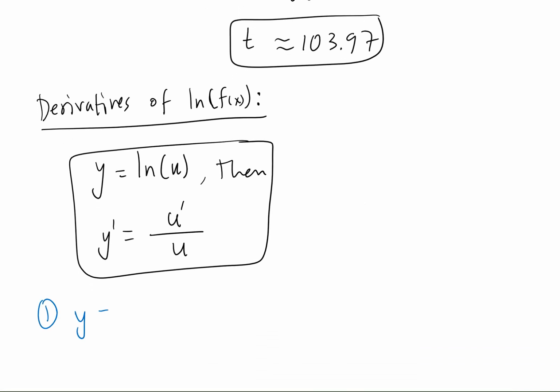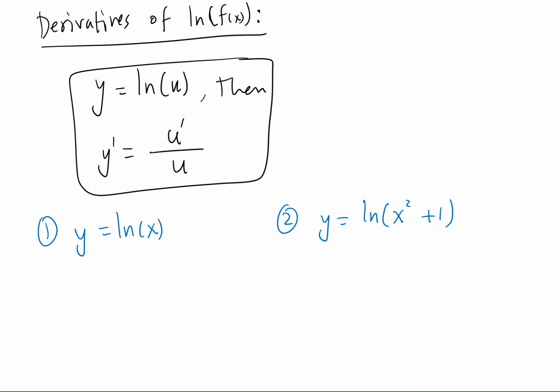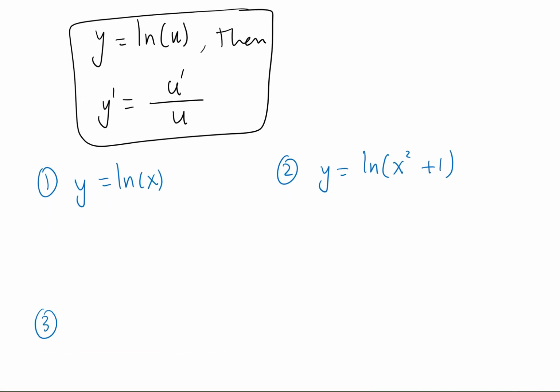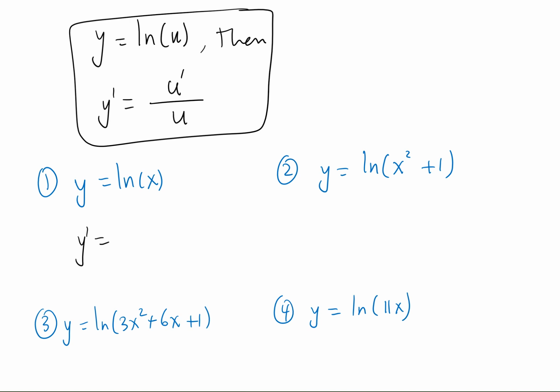So if we have y equals natural log of x, we need to find its derivative. Same thing for this one. So for the first one, you find the derivative of this, which is 1 over itself. Done for this. Try the rest.